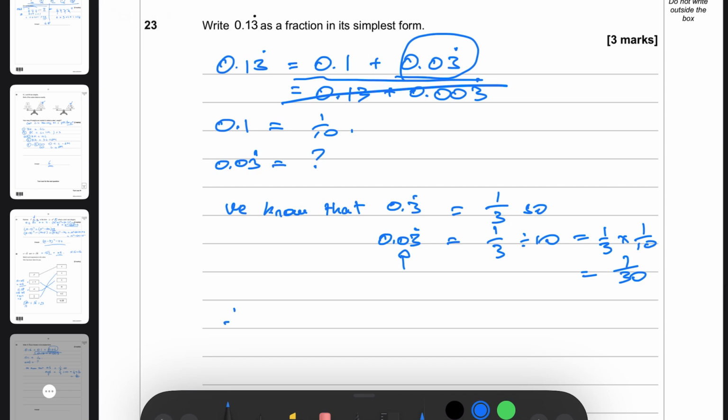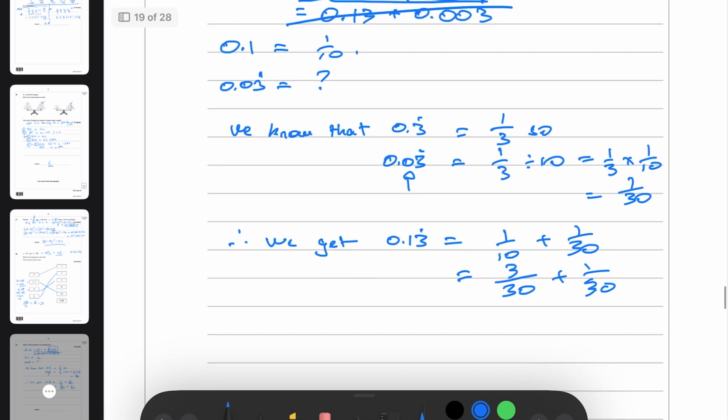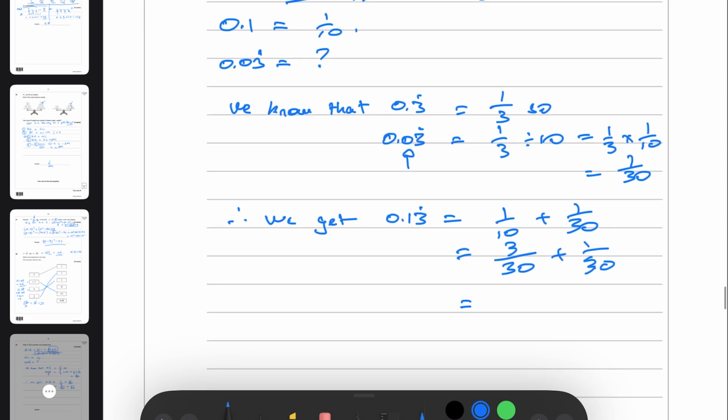So therefore we get 0.13 recurring is equal to 1/10 plus 1 over 30, which is 3/30 plus 1 over 30, which is equal to 4 over 30, or 2/15, right?